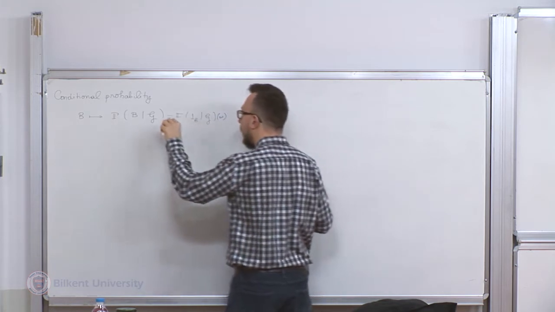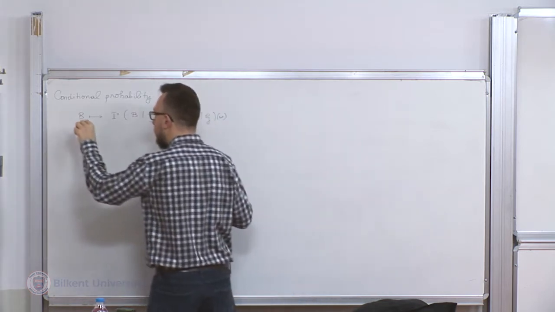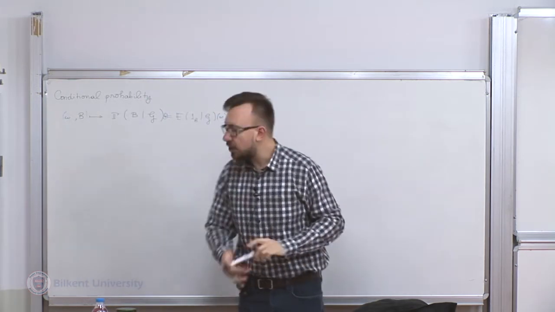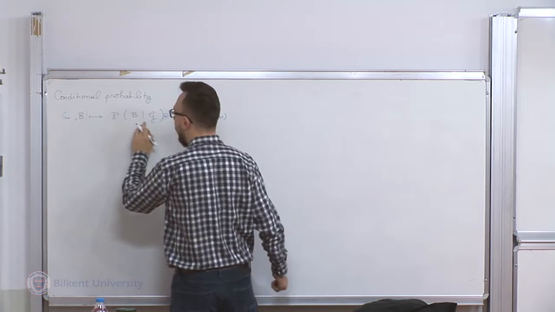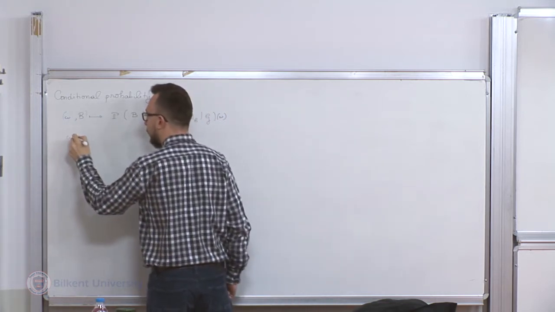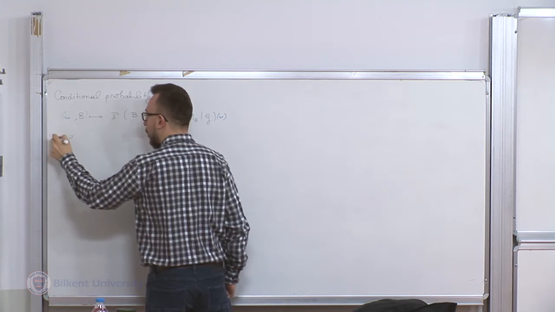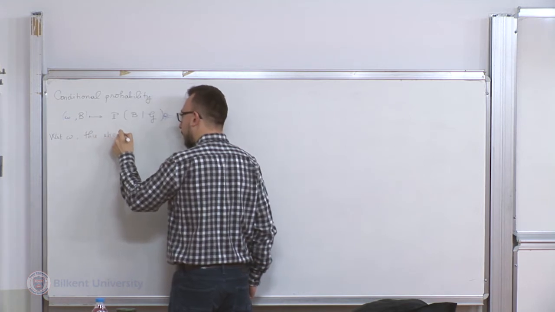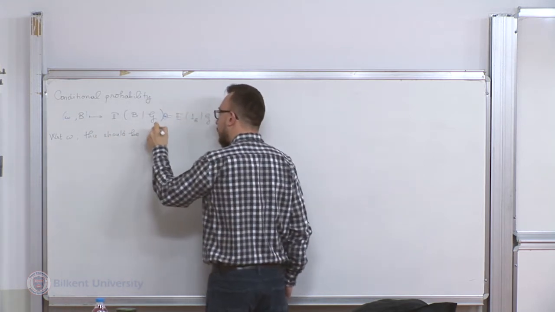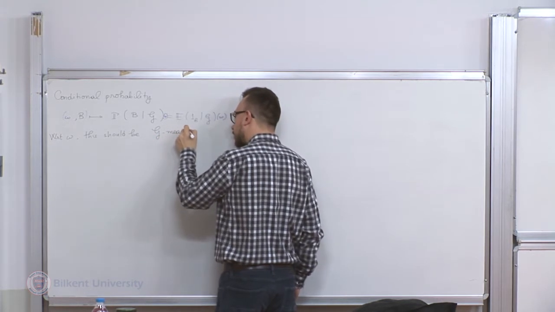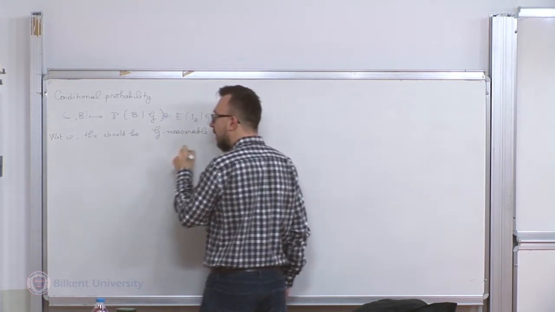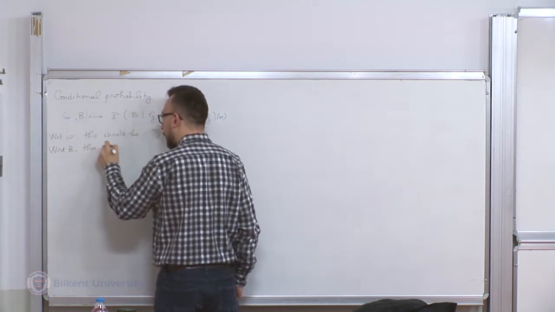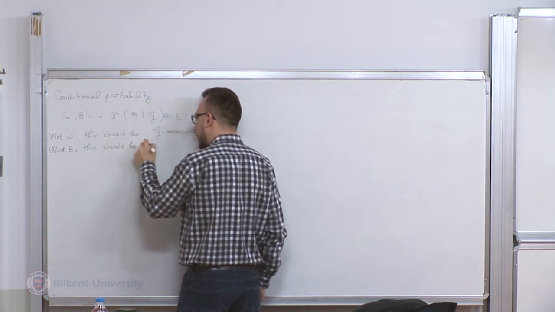So I can put an omega here, and make everything dependent on omega, so that it is a function of omega as well as a function of B. So with respect to omega, this should be G measurable. So it should be a G measurable random variable. And with respect to B, this should be a probability measure.